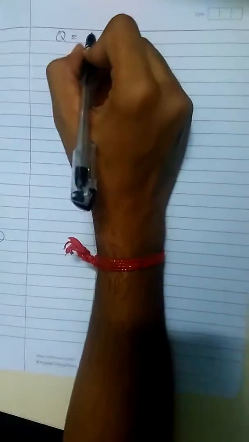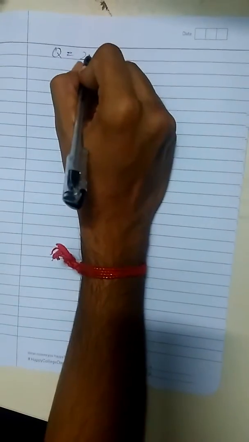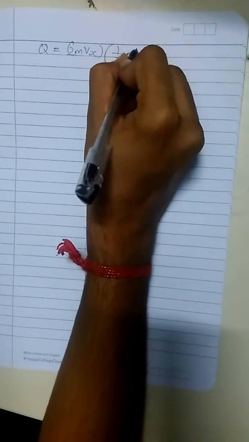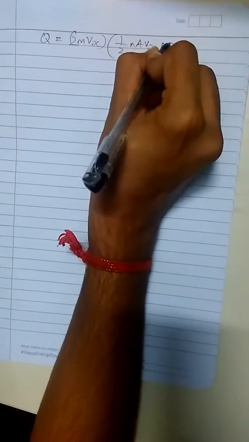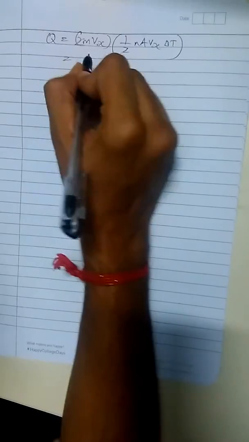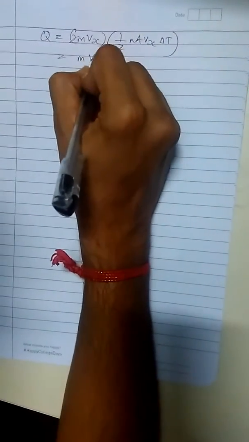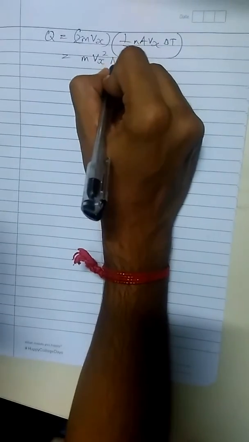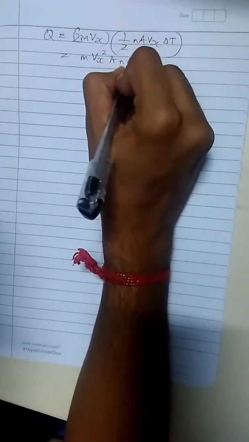So the total momentum can be written as Q is equal to 2 mvx into half n A vx delta t. The 2 gets cancelled. So the resultant equation is m vx square A n delta t.